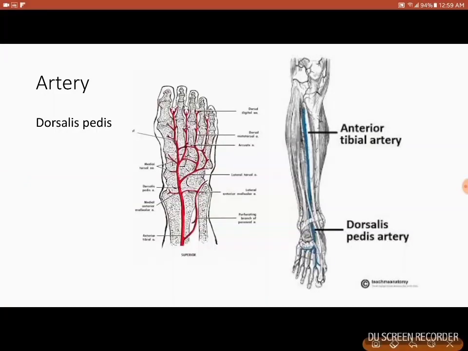Let's go now to the artery. The artery on the dorsum of the foot is mainly your dorsalis pedis, which can be palpated proximal to the anterior ankle joint.